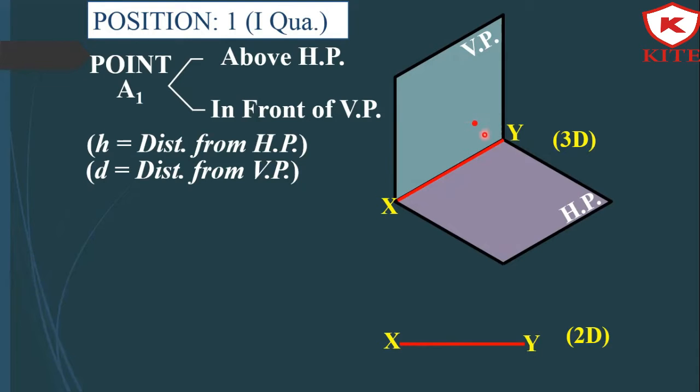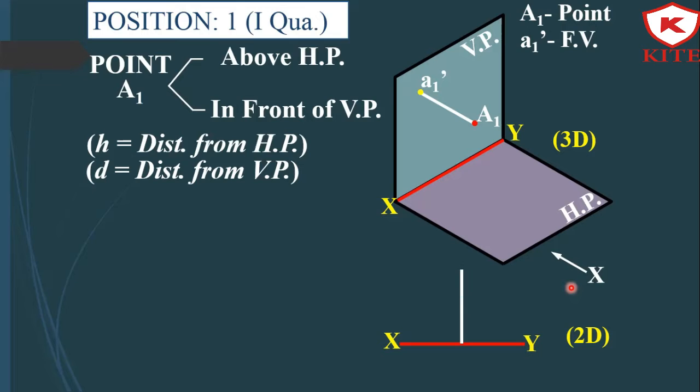This is the point A1, which we ought to draw. This is the observer direction X. By looking from the observer direction, as we already discussed, the front view is obtained, which is denoted by small a1 dash, and it is drawn in the 2-dimensional view above the XY line.